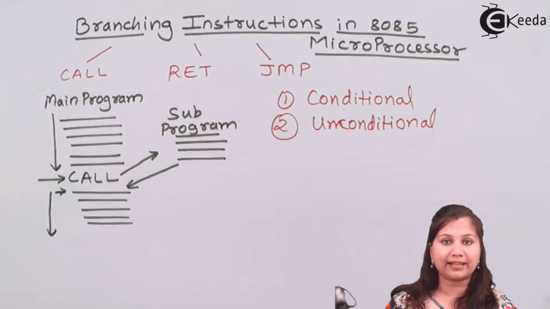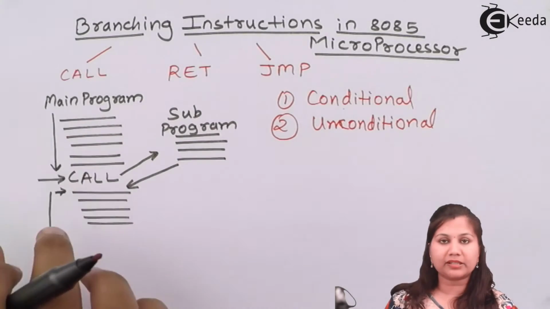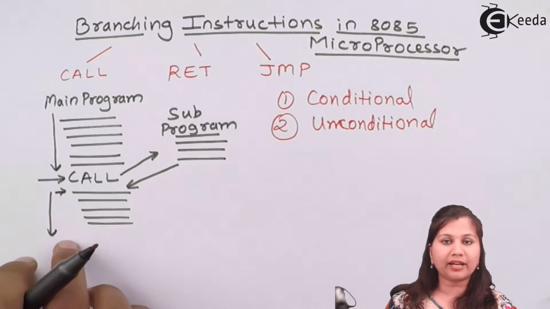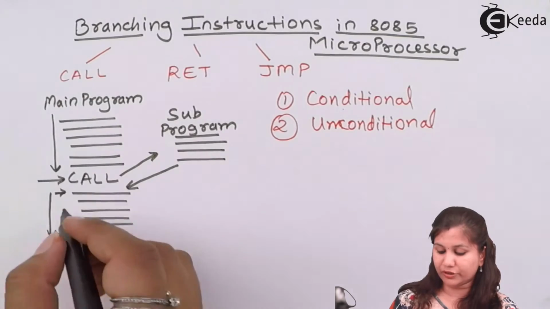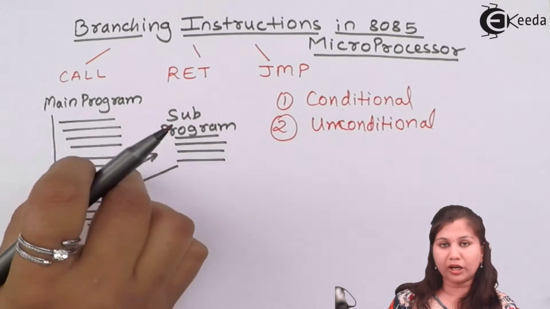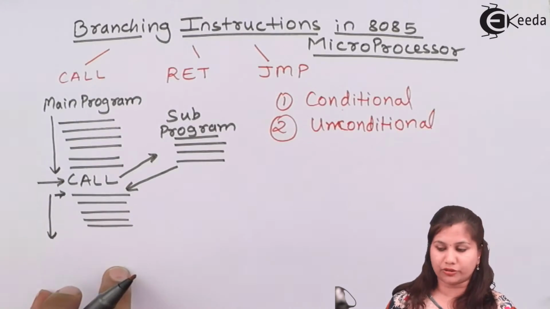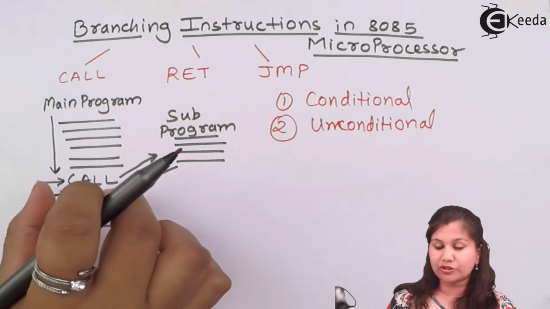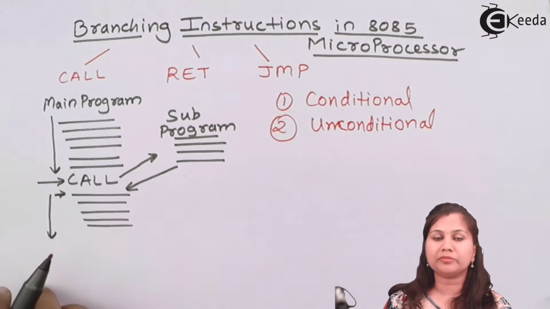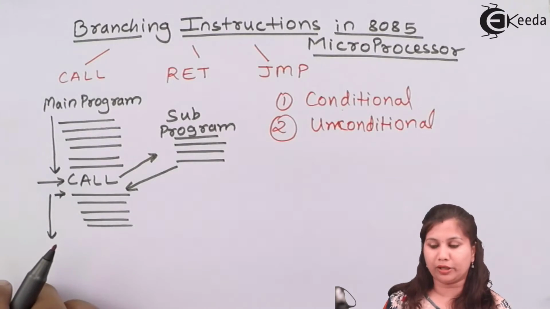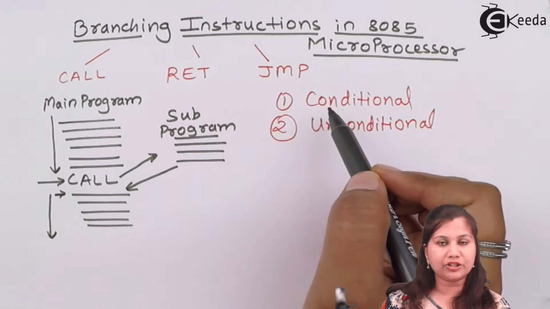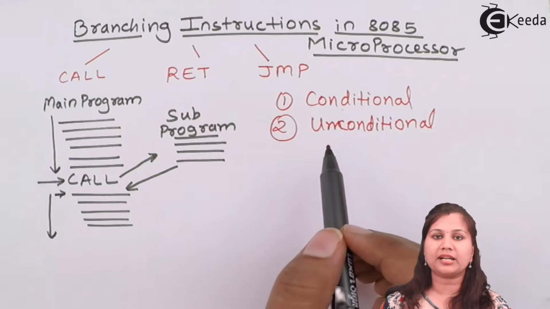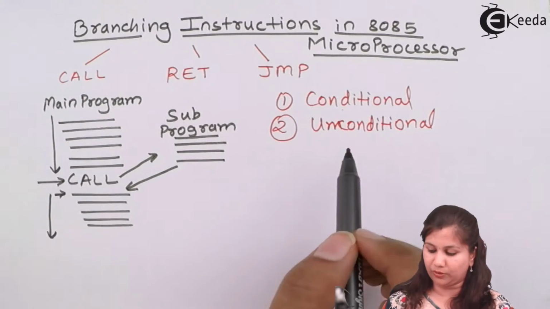When that condition is satisfied, only then the microprocessor will jump to some other memory location. If the condition is not satisfied, it is not going to jump, it will continue the execution of the other instructions. Unconditional means no condition is specified. If that instruction is written in the main program, then the microprocessor has to jump to some other memory location. So conditional: when the condition is satisfied, only then the microprocessor will jump. Unconditional: the microprocessor has to jump in any situation.